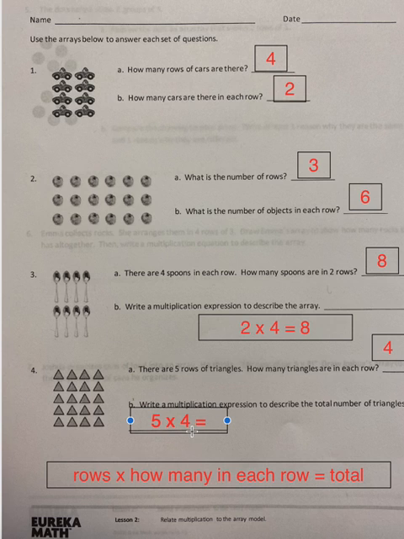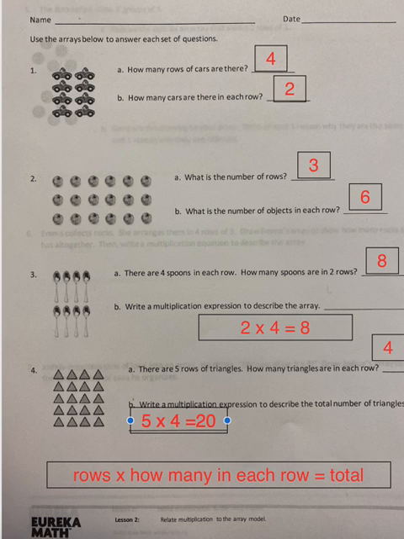If the skip counting is too much or you're just not ready for that, you can always count each individual triangle and it should still give you 20. We can skip count by 4s. We go 4, 8, 12, 16, 20. So just make sure you keep practicing your skip counting.